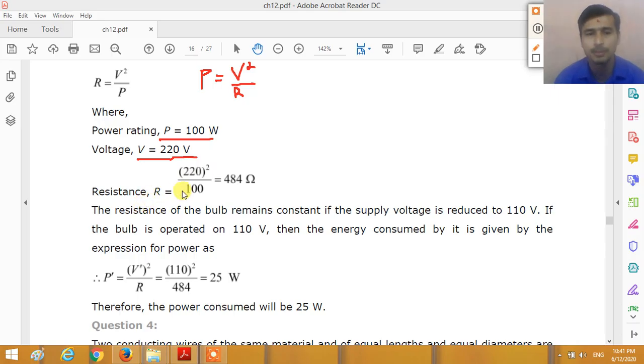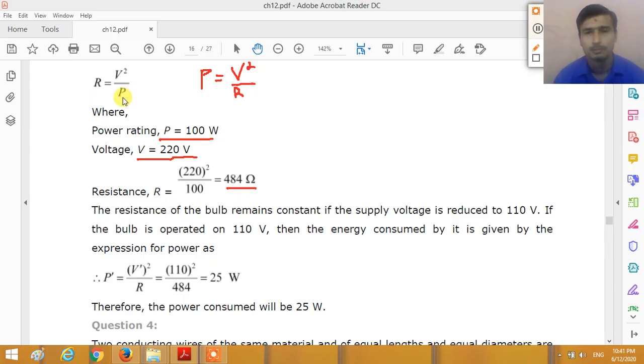So if we place the values, R is equal to 220 square divided by 100, and when we calculate this, we get the resistance of the appliance as 484 ohm, right? Ohm is the unit of resistance. So from the rating given to you, 220 volt and 100 watt, we first calculate the resistance of the appliance by the formula R is equal to V square by P, right?